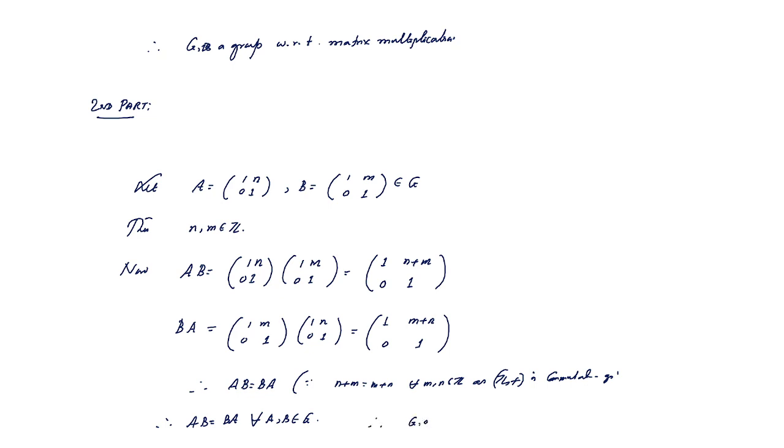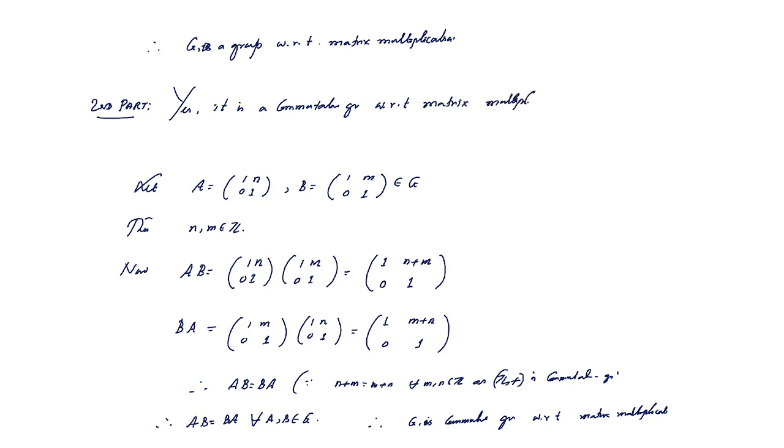Therefore G is a commutative group with respect to matrix multiplication. The answer is yes, it is a commutative group with respect to matrix multiplication, and this is just our justification. So we have done the justification here.